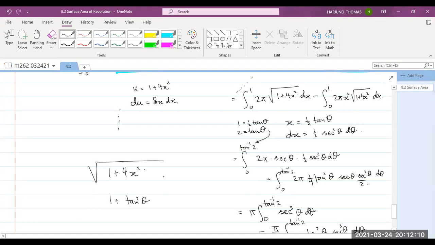Okay, so you want your 2x to be tangent theta. Does it make sense? Therefore, we choose x equals 1/2 tangent theta, so that we can fit the picture.